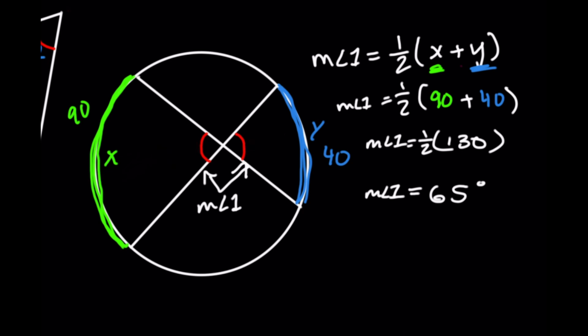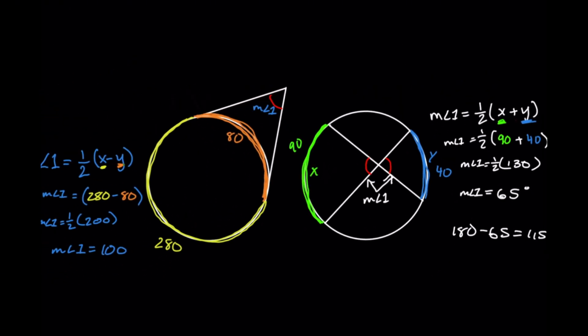Then you can find this angle right here by subtracting 65 from 180, which gives 115, since it's a straight line. So these two angles are supplementary to each other, so they add to 180. That is how you do these two.